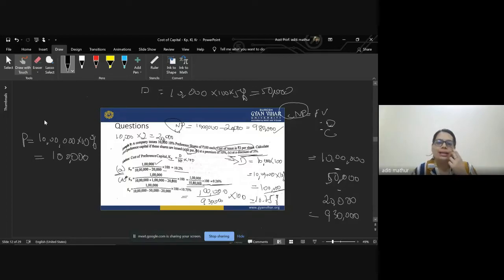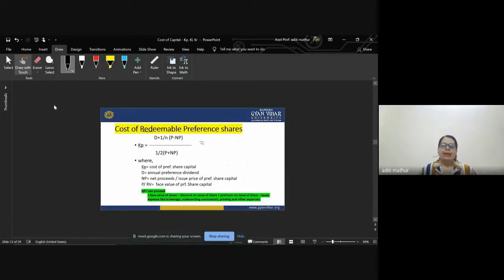Now let us understand how we calculate cost of redeemable preference share. The only difference between the redeemable and irredeemable is that now we will have two more terms, that is redeemable value and number of years, that is our small n.